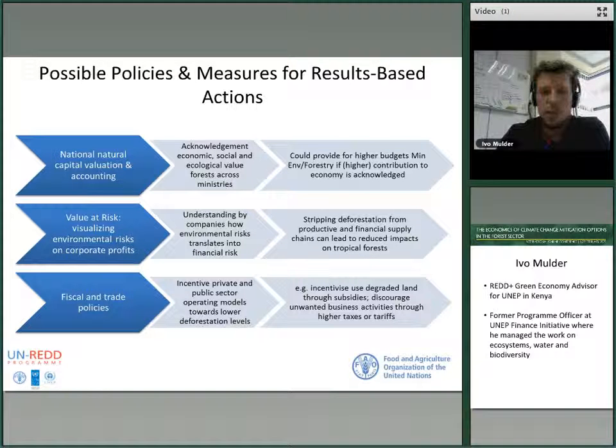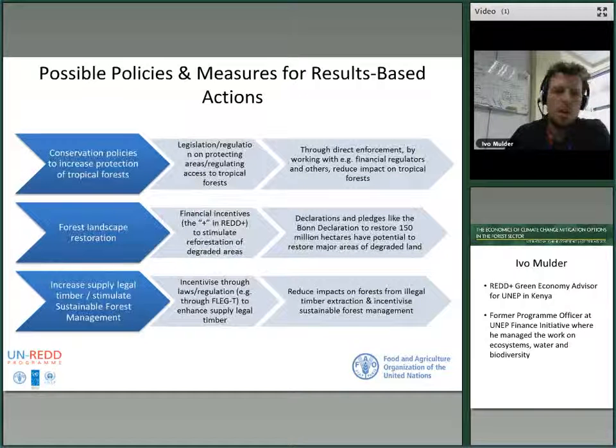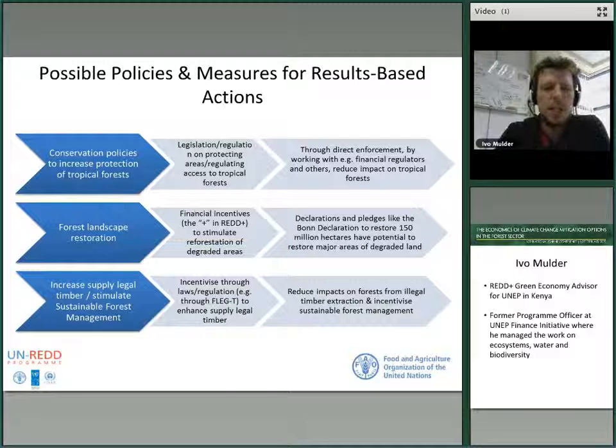Fiscal and trade policies can be very powerful if implemented correctly. Conservation policies, such as implemented by Brazil to increase protection of tropical forest through direct enforcement, working with financial regulators such as the central bank in Brazil, could also be an important measure.